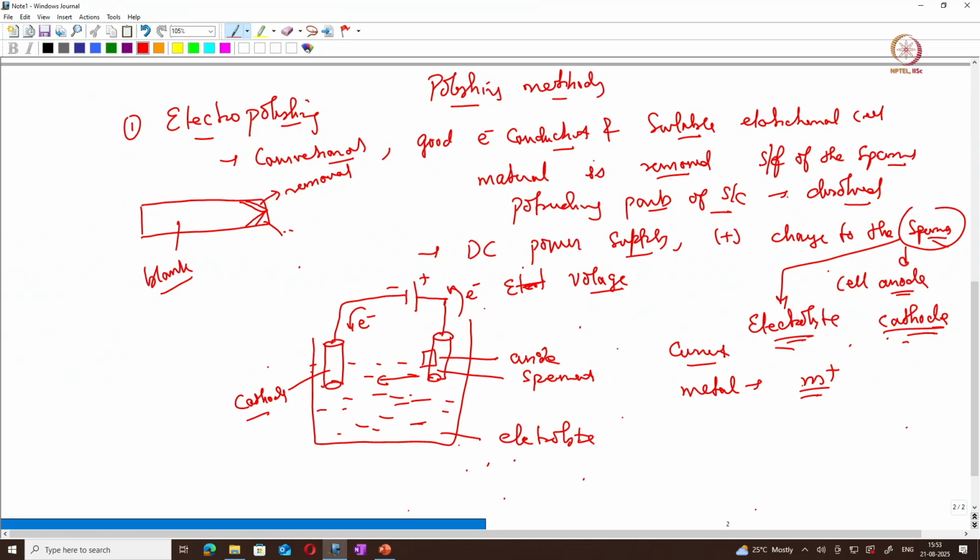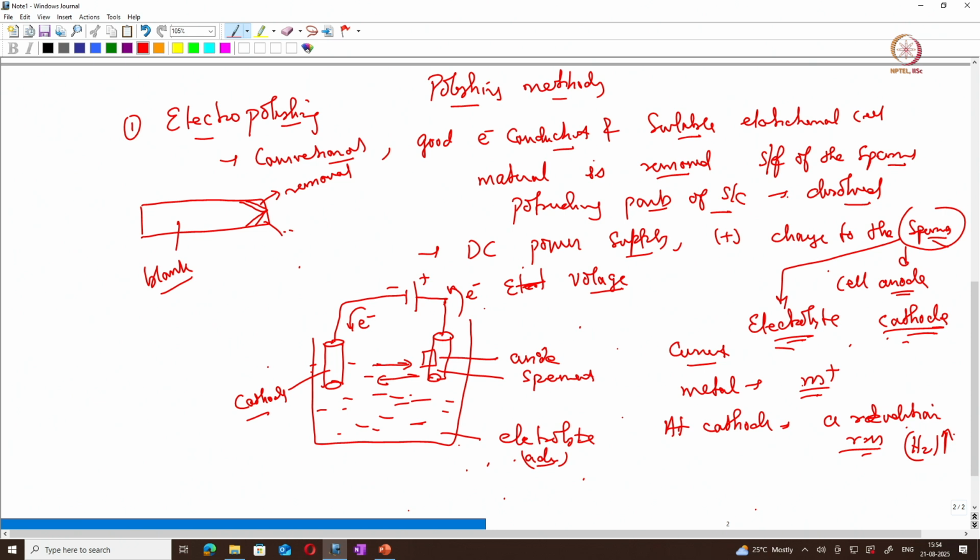Okay, and whatever the electrolyte or the acid which is used, it moves towards the anode. Okay, so at cathode a reduction reaction happens, where usually the hydrogen gas evolves.